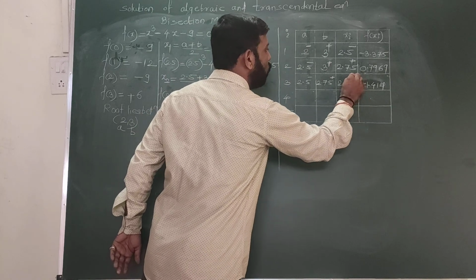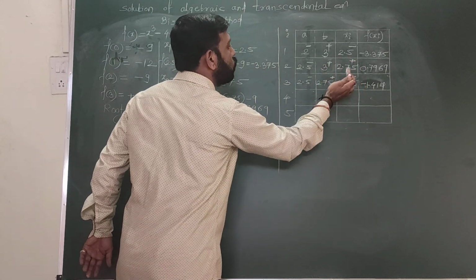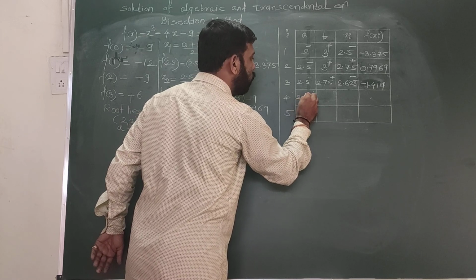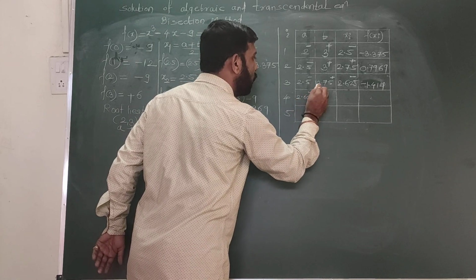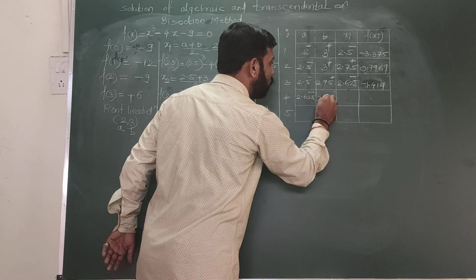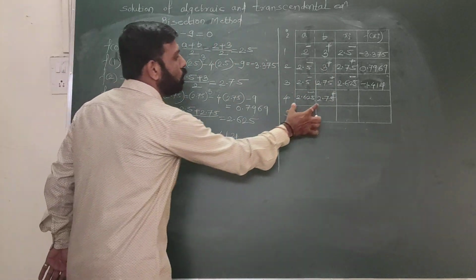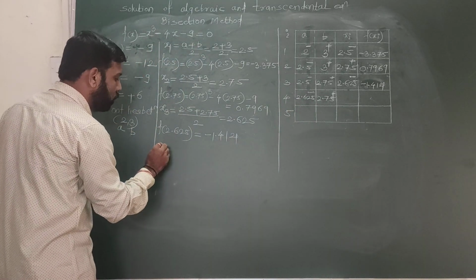So this minus symbol we put here. So the next interval becomes 2.625 minus and 2.75 plus. So this becomes our next A and B values.